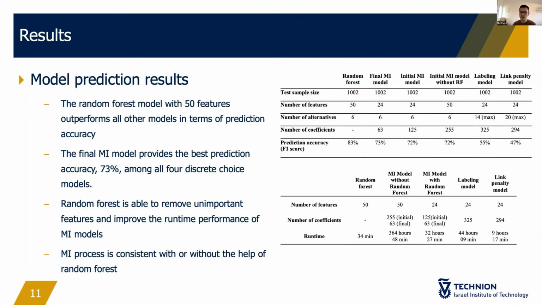Note that with similarly defined utility functions, the conventional model exhibits much lower prediction accuracy in comparison to MI. Runtime performance results also confirm that the random forest is able to remove unimportant features and improve the runtime performance of the MI models.